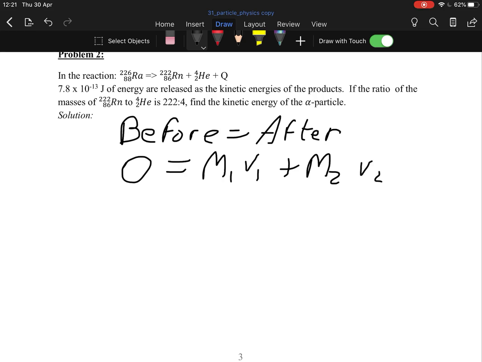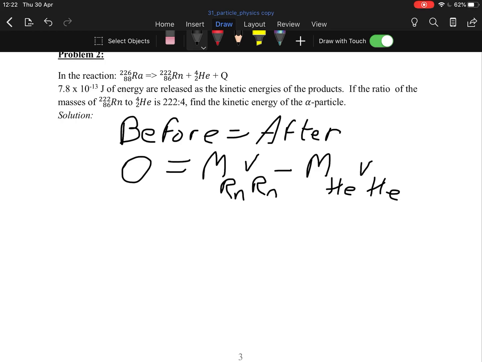In order for them to be equal to 0, that should not be a plus, that should be a minus, because they're going in opposite directions. So I'm going to make M1 the Rn, which I'll call R to make it easier, and M2 the helium.